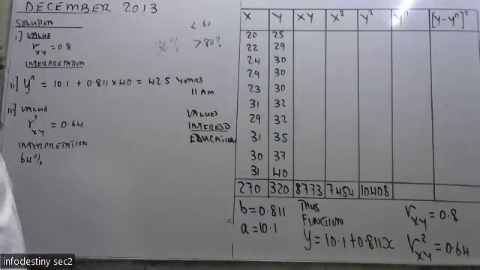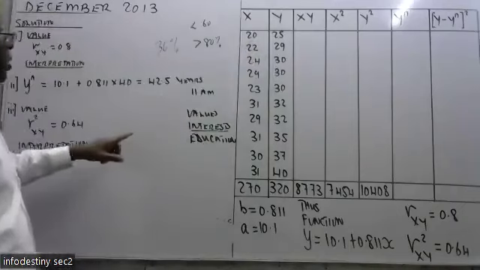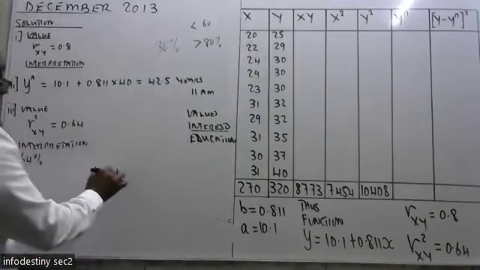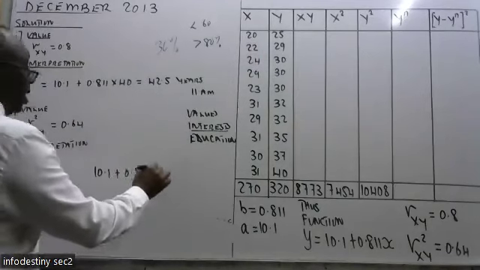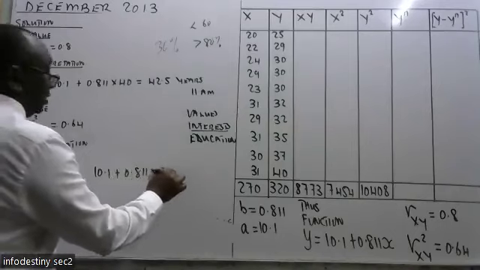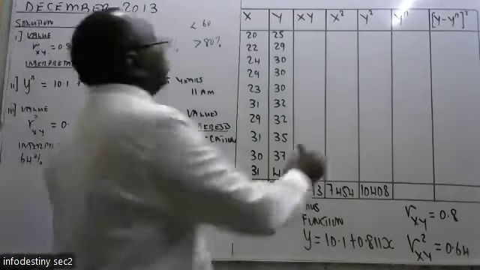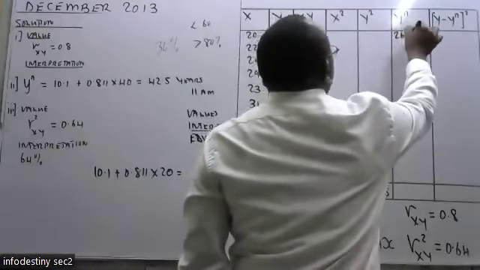So tunaanza kuweka these values of x in this equation. So tuanze utasema 10.1 plus 0.811 times 20. That gives 26.32.